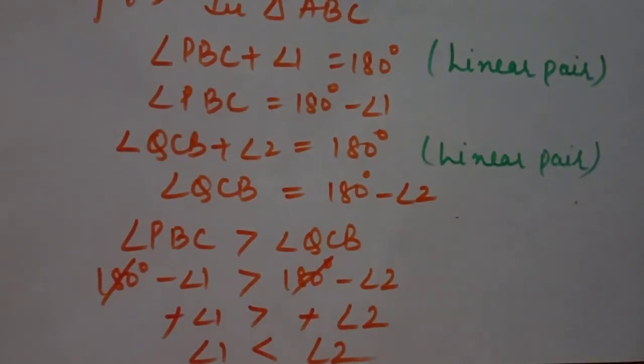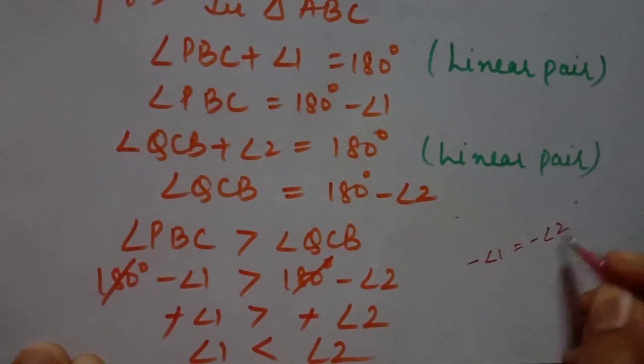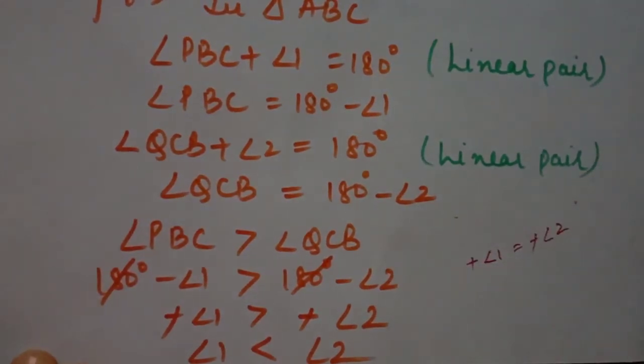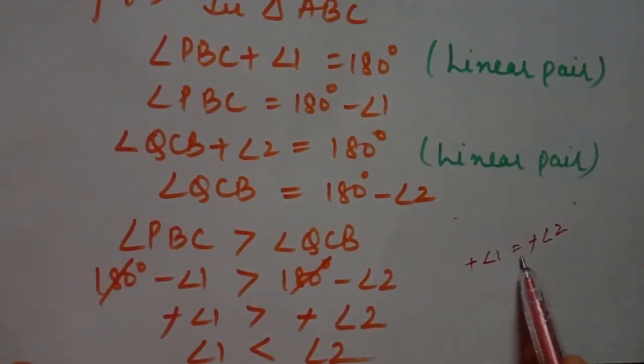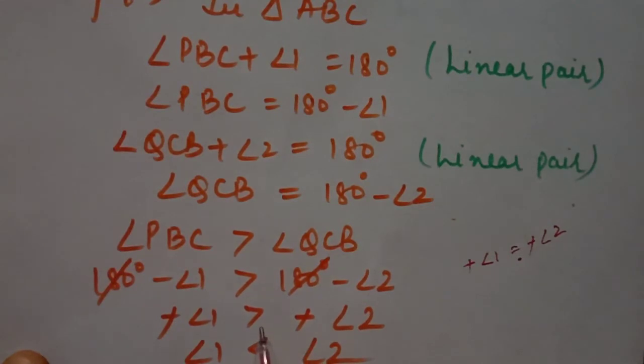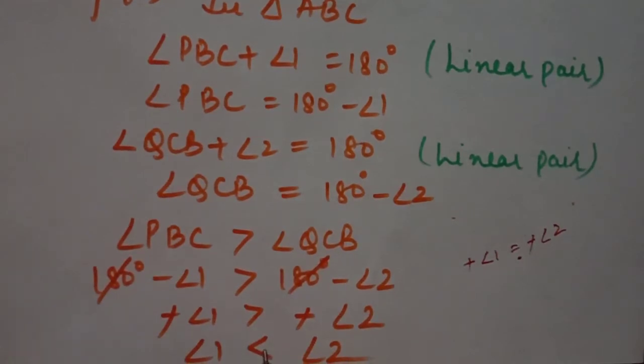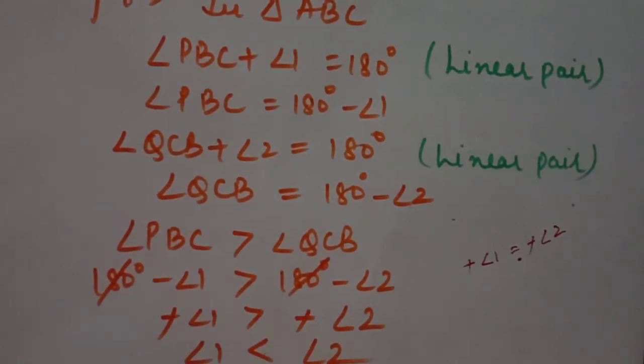Students, you have to learn one thing here. When we cancel the minus sign, if an equal sign is present, minus angle 1 equals minus angle 2, then we will cancel it very easily because equality is present. But if a greater than or less than sign is present, when we cancel the minus sign, we will switch the sign to the other one.